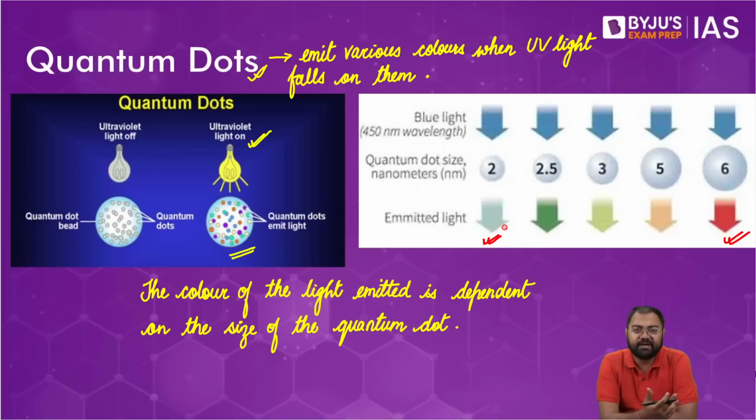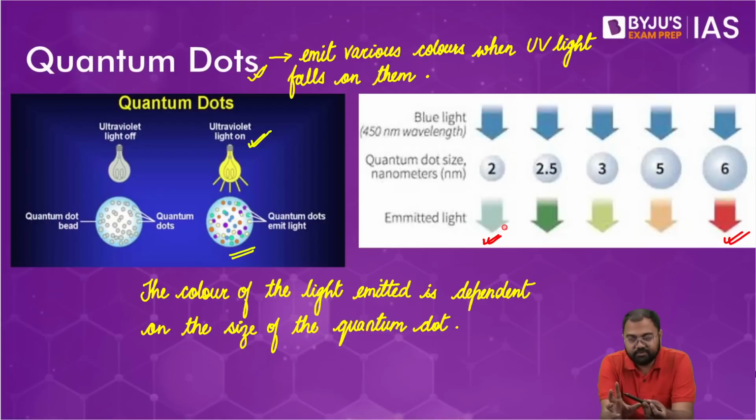That is also dependent on the wavelength. We'll have a better understanding of it when we go to the IT and communication chapter. But the wavelength of the red color is longer as compared to the wavelength of the blue or violet color.